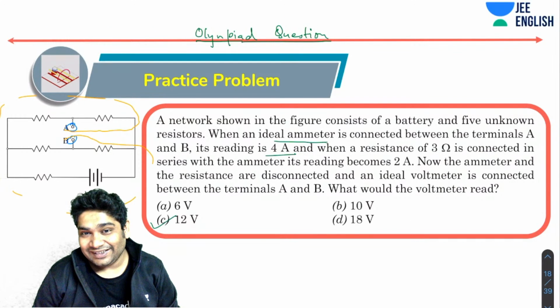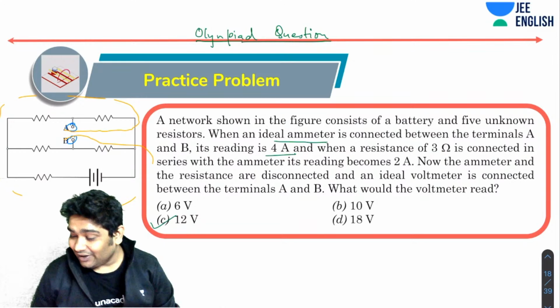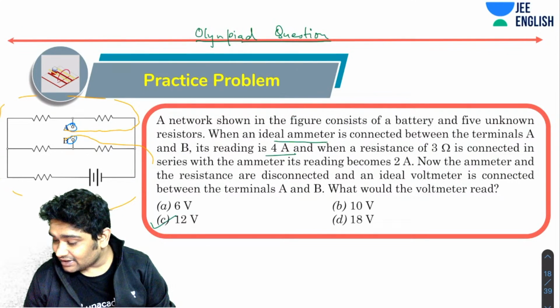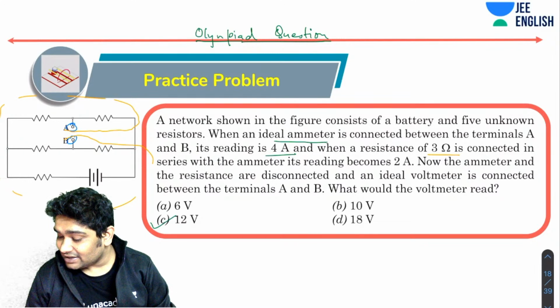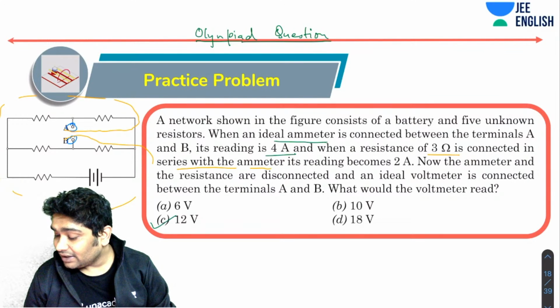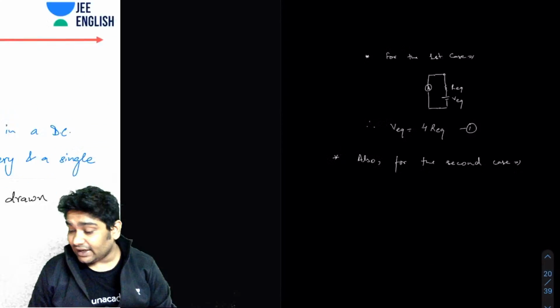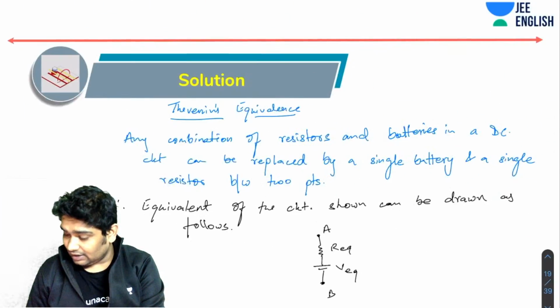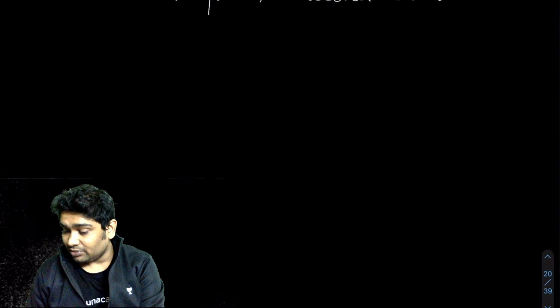Okay, Gopi Krishna, next you were told that when a resistance of 3 ohm is connected in series with the ammeter, the reading becomes 2. So for the second case, the resistance is 3 ohm and the reading becomes 2.